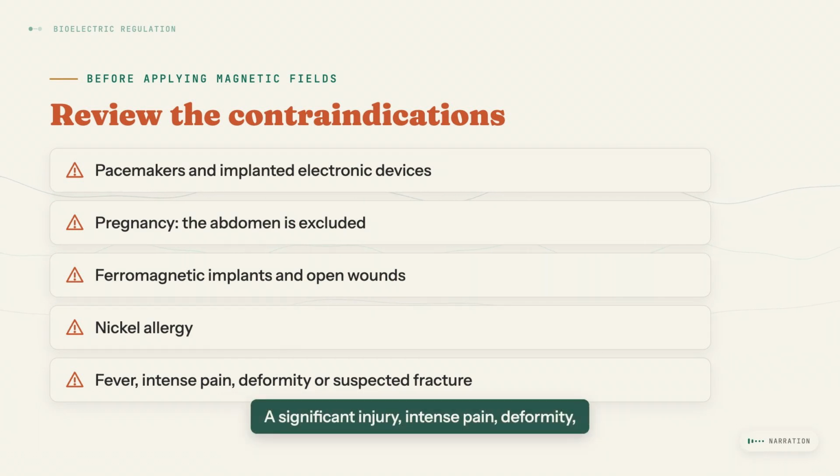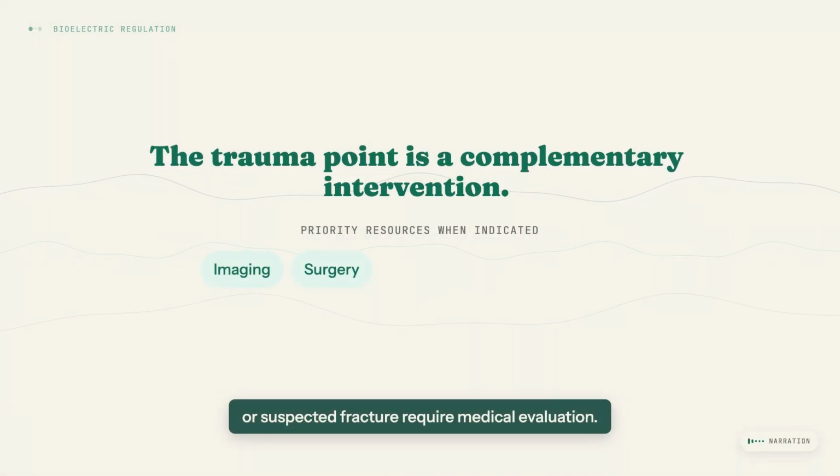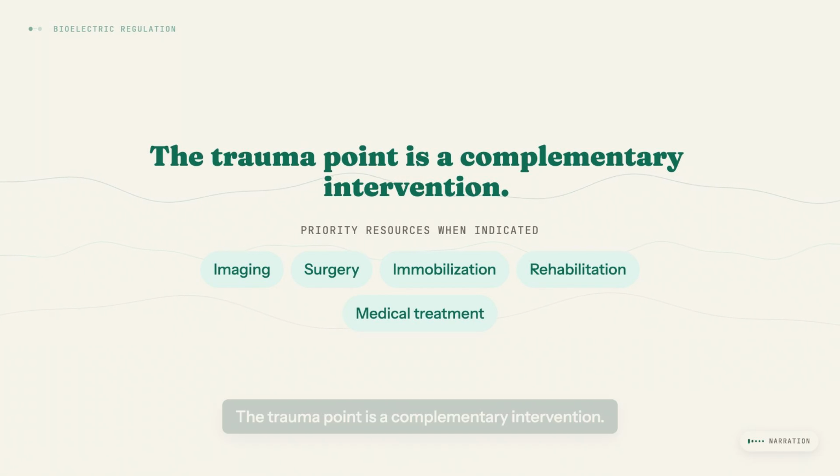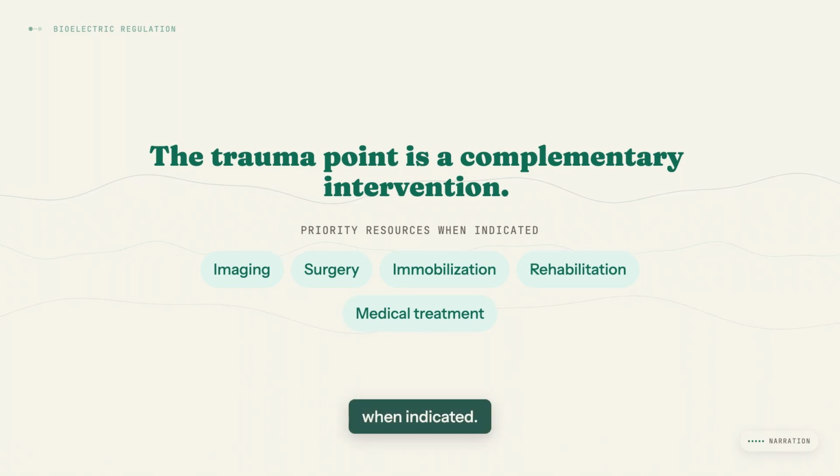A significant injury, intense pain, deformity, loss of strength, neurological alteration, fever, or suspected fracture require medical evaluation. The trauma point is a complementary intervention. Imaging, surgery, immobilization, or rehabilitation and medical treatment remain priority resources when indicated.